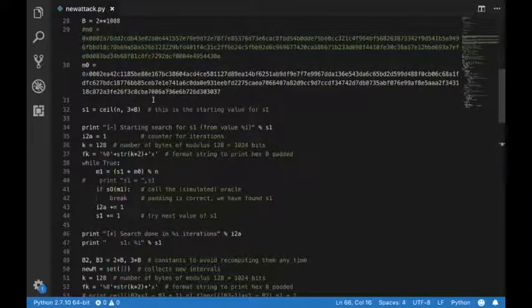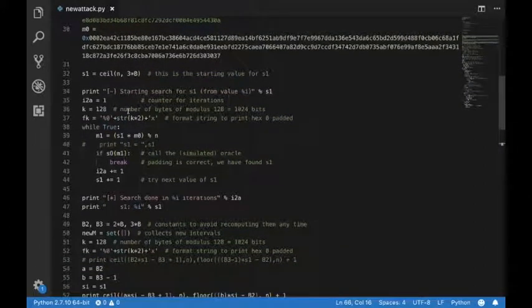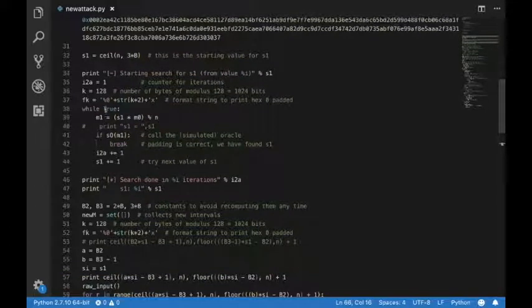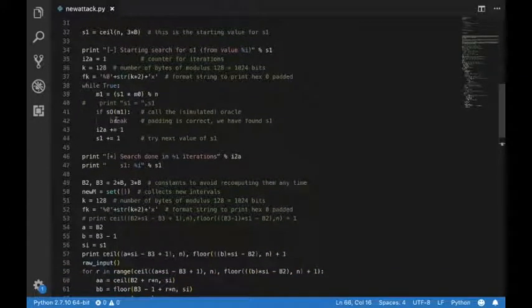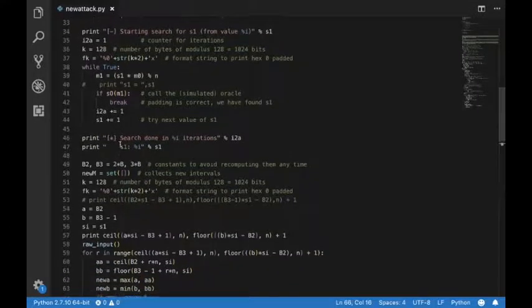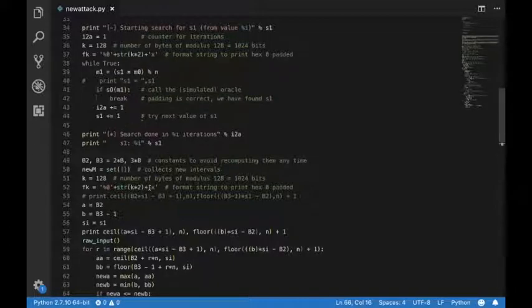Now as I have already stated before, the value of s1 must start from n by 3B, and we go on to find the value of s1. Using that starting value, we try to find an s1 that conforms to the PKCS standard with the help of the oracle. Once we find an s1, we will see what is the next step.